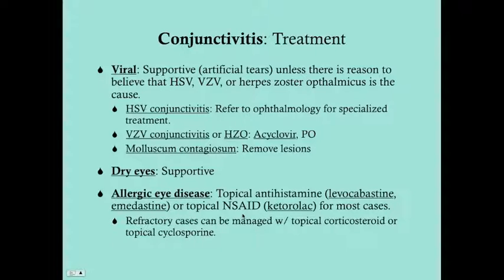But if it's refractory and the antihistamine or the NSAID is not working, then you can manage it with topical corticosteroid or topical cyclosporine. In patients who have frequent allergic eye disease, you can prevent it with a topical cromolyn.